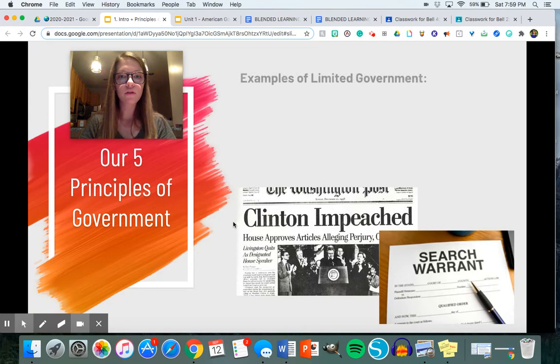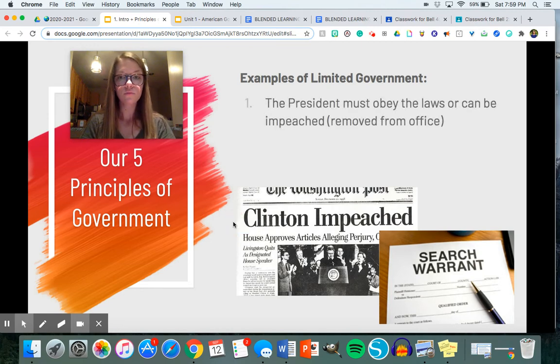Now, real life examples of limited government, especially rule of law and restrictions on government power. The president must obey the laws, or they can be impeached or removed from office. That is an example of the rule of law, right? If the president breaks the law, they will be removed from office and then they will face legal consequences.